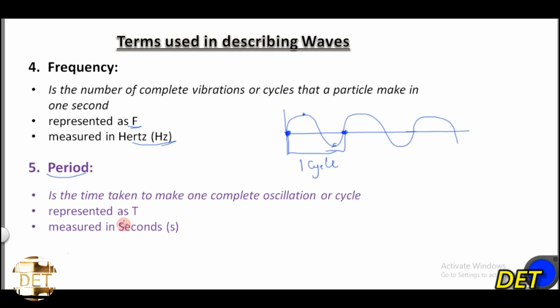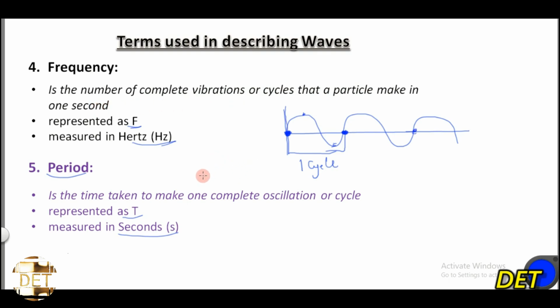The period, and it is represented as T and measured in what? In seconds. So the time that it will take the wave to complete from here to here is referred to as the period.